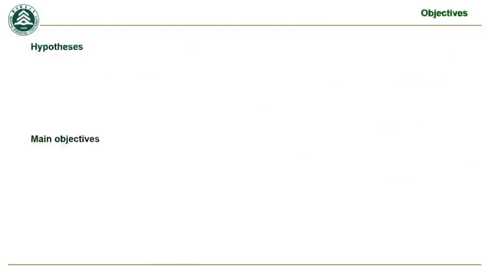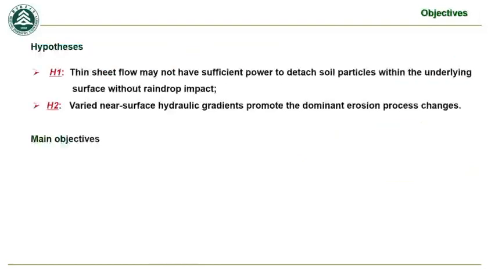To solve this problem, we proposed two hypotheses. The first one is that thin sheet flow may not have sufficient power to detach soil particles within the underlying surface without raindrop impact. The second hypothesis is that varied near-surface hydraulic gradients promote changes in the dominant erosion process.